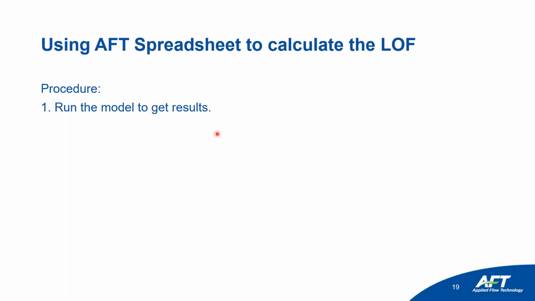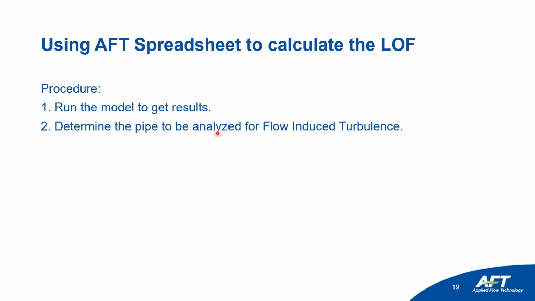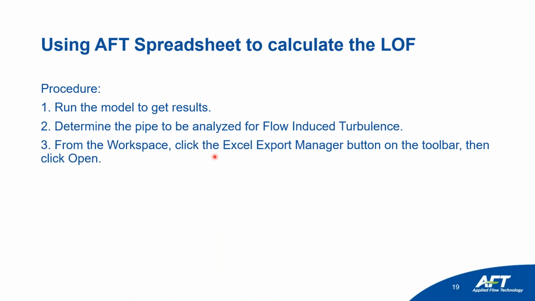First, you run the model and you get results. Second, you determine the pipe to be analyzed for flow-induced turbulence. Then, from the workspace, you click the Excel Export Manager button on the toolbar, then you click Open.